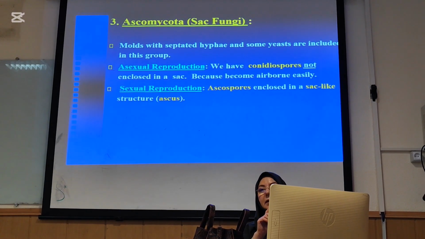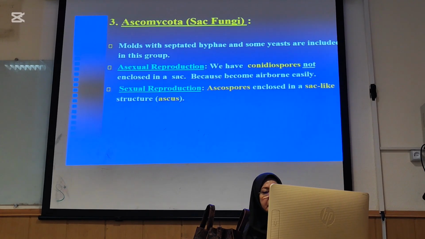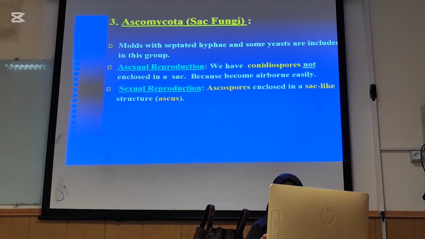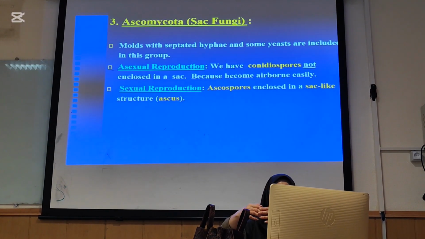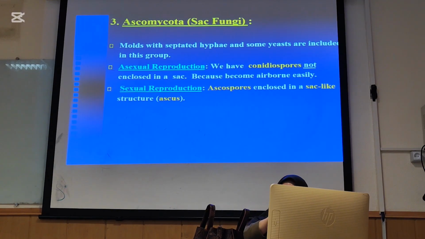Okay, so in Zygomycota, the sexual spore is named zygospore. In Ascomycota, it is ascospore, and ascospores are in a sac-like bag that we named ascus. Ascus means a bag that ascospores are located in.